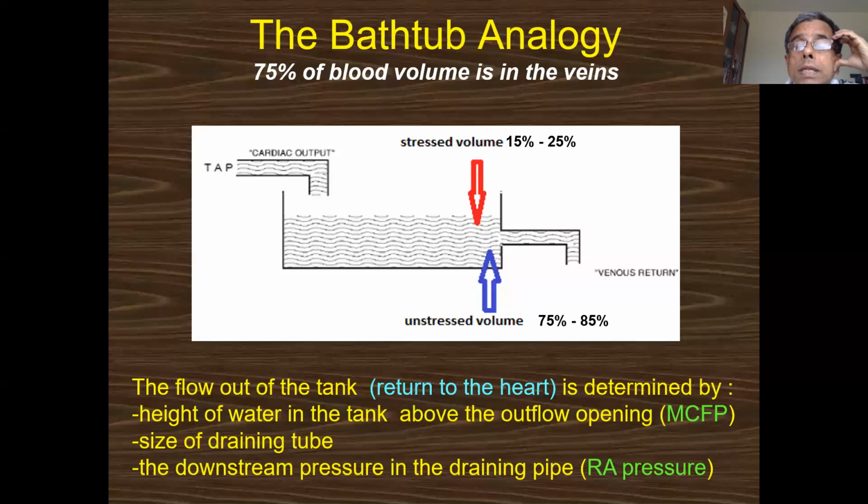The stressed volume is actually the height of the water column above the draining tube, and that is what pushes water out. And that is what causes the venous return. It is the stressed volume in the venous system which pushes blood into the right atrium. But of course, this is opposed by right atrial pressure. So in a way, a high CVP will prevent this drainage. And what the heart does not receive, it cannot pump out.